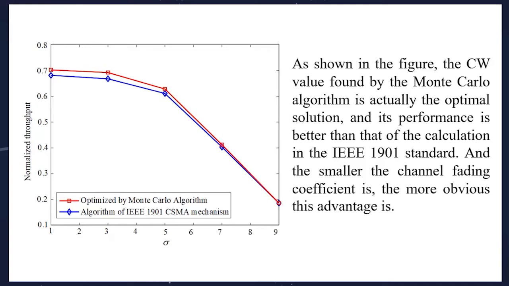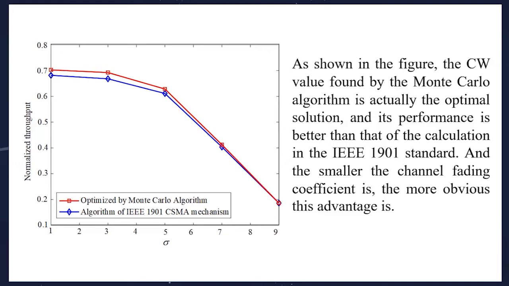As shown in the figure, the contention window value found by the Monte Carlo algorithm is actually the optimal solution, and its performance is better than that of the standard. And the smaller the channel fading coefficient is, the more obvious this advantage is.